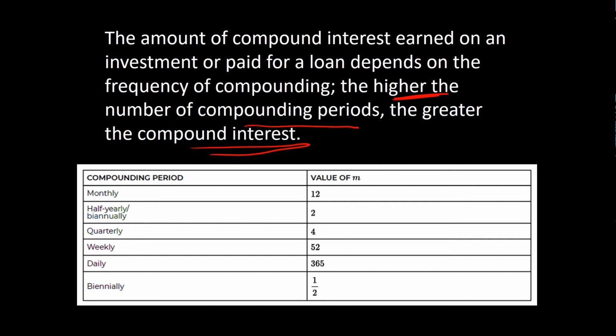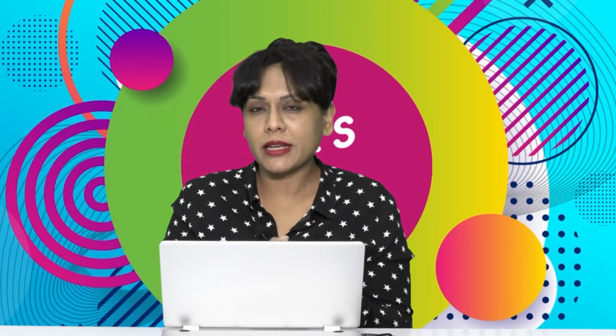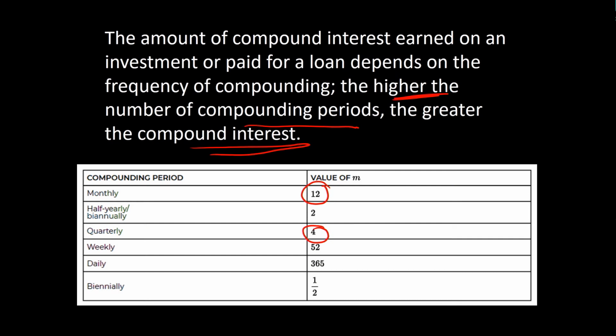If you are getting interest compounded quarterly, which is 4 times in a year, versus interest compounded monthly, in which one will you make more money? It'll be slight, but you'll make more in the one that's compounded more often. So you would make more money with monthly compounding versus quarterly compounding. The higher the number of compounding periods, the greater the compound interest at the end.